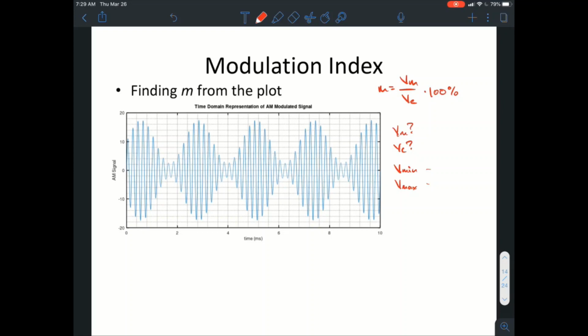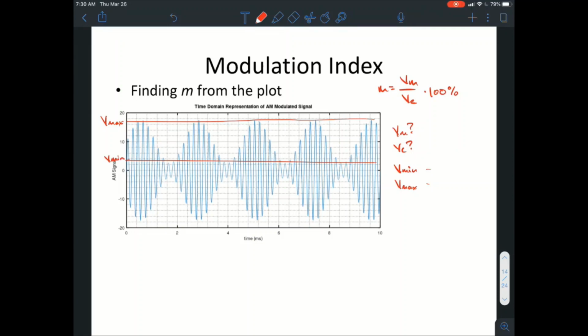First, V max is going to be the maximum voltage that you can extract, right about there. And our V min is going to be our minimum voltage, right about there. We'll label those V max and V min.